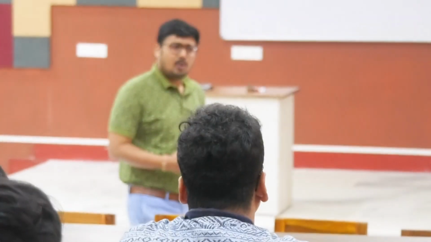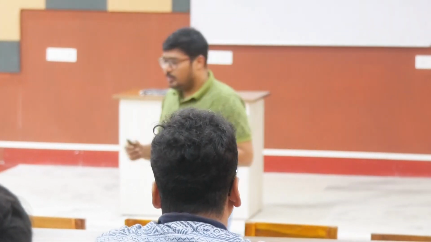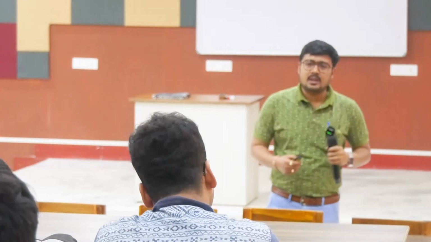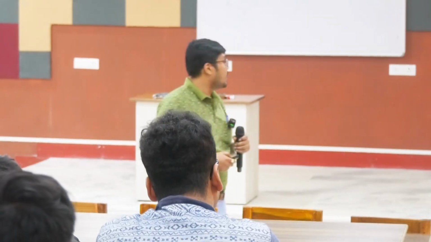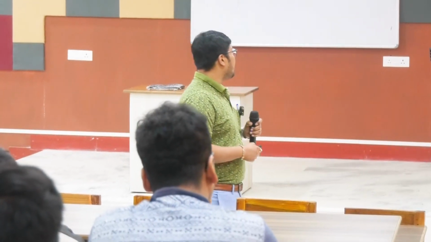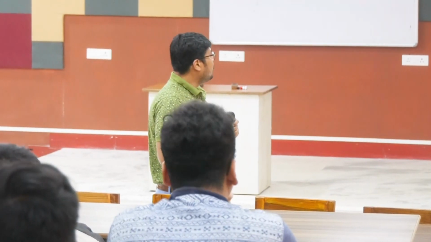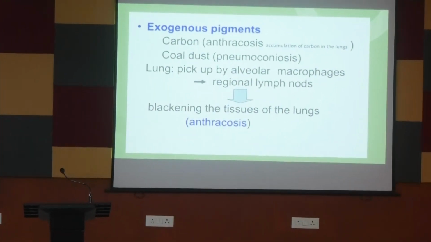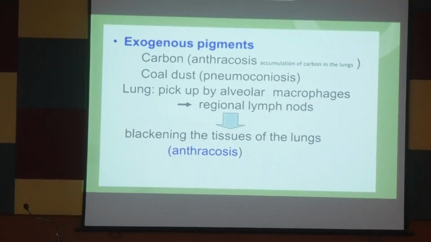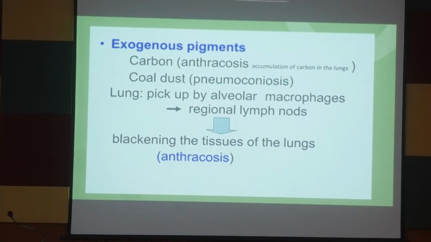In the case of coal workers and mine workers, those who have to work in highly polluted areas where a large amount of coal is present in the atmosphere. So exogenous pigments are carbon, anthracosis, accumulation of carbon in the lung, coal dust, pneumoconiosis, okay, picked up by alveolar macrophages and regional lymph nodes, and blackening of the lung tissue, that is anthracosis.